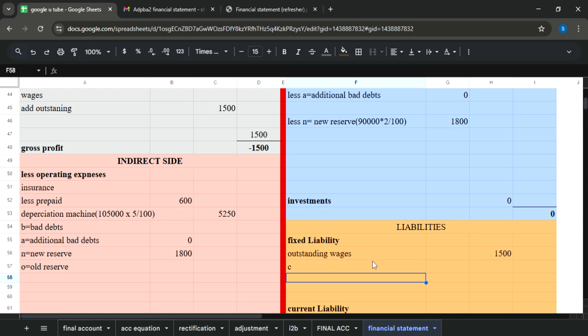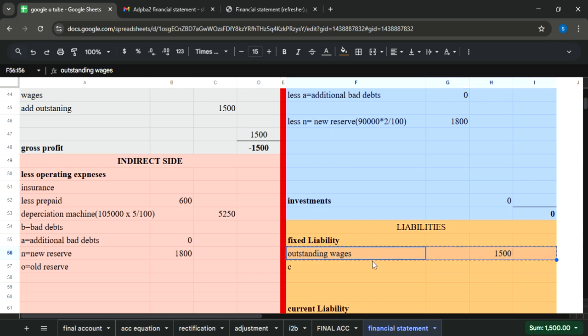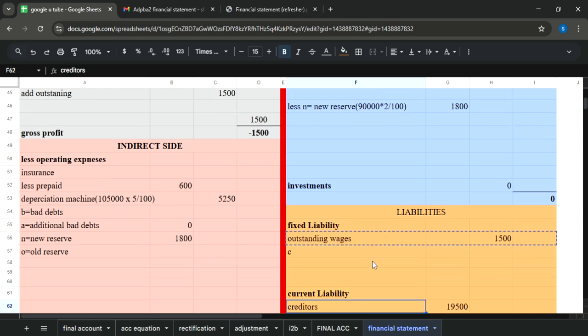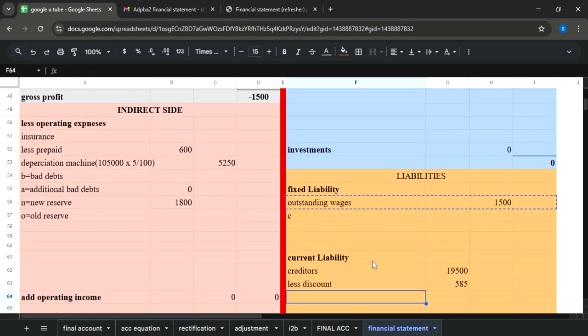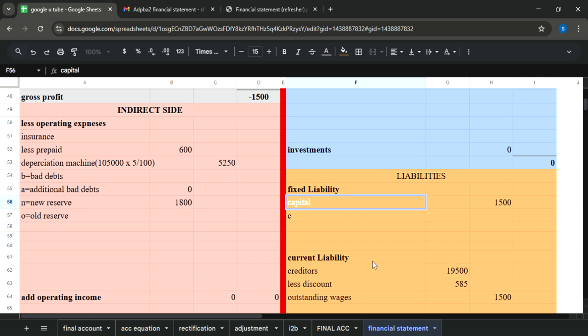Actually, this outstanding wages is part of current liability. So you will take it to here and you will mention capital over here.